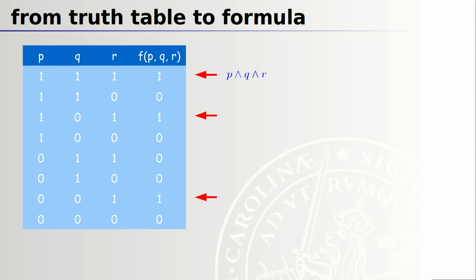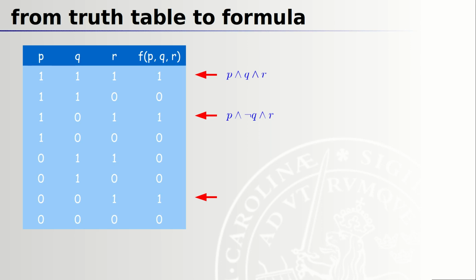In the first row, P, Q, and R are all 1 or true. The expression that is true only when they are all 1 and under no other circumstance is P and Q and R. So that's the expression for the first row. In the next row, the expression is true if P and R are 1, but Q is 0.